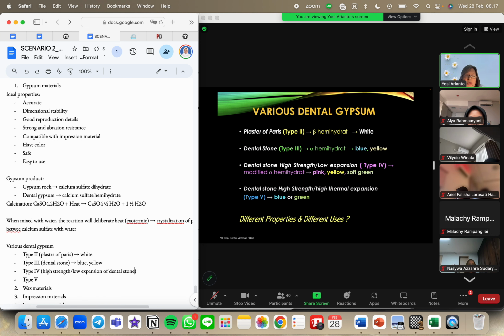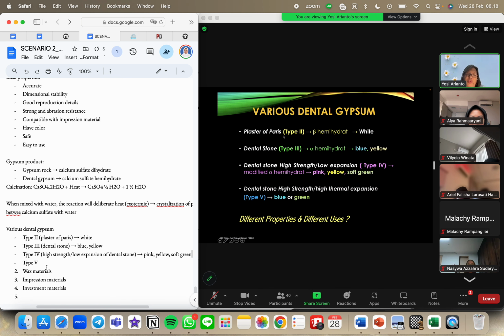So different properties between all these types, they also have different uses. The plaster of Paris, usually we use it for study models, just to make clear study of the condition of the teeth.